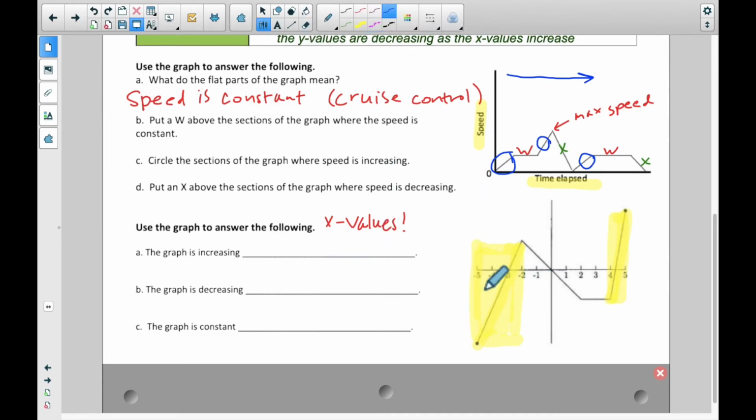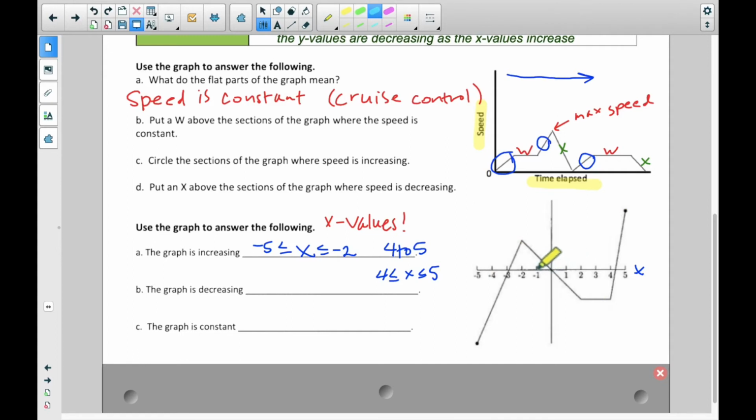If we're going to express this place in terms of an inequality with an x, because this is the x-axis, we could say that -5 is less than or equal to x is less than or equal to -2. And so that's the area where the graph is increasing. It's also increasing from here to here, that is from 4 to 5. Or we could say, again, 4 is less than or equal to x, is less than or equal to 5.